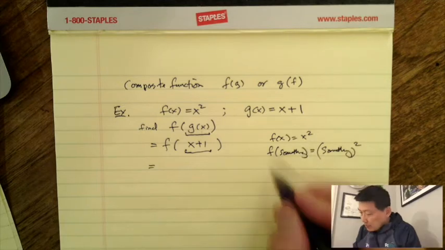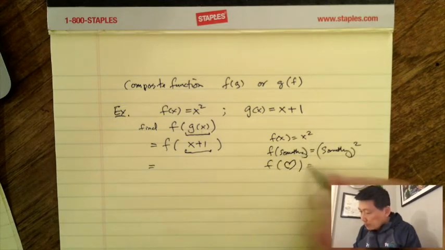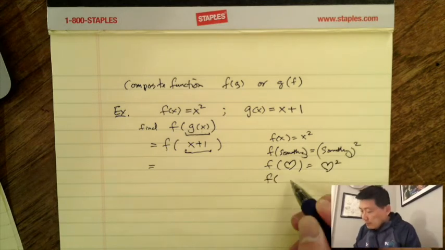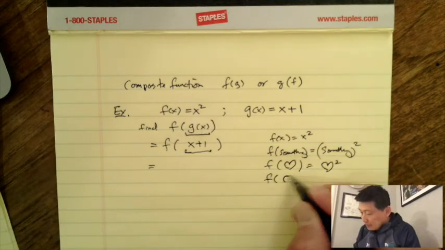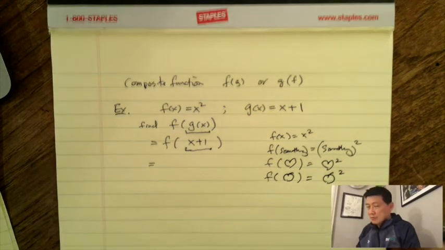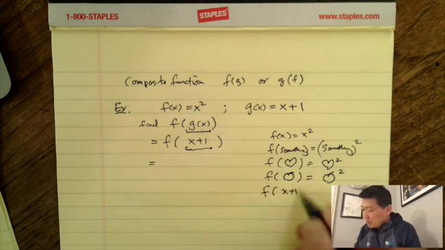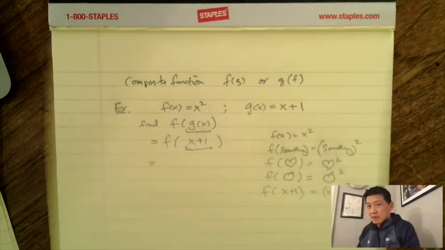So one could say f of a heart is equal to heart squared, f of apple is equal to apple squared. What am I saying that for? That means if f of x plus 1, then it's x plus 1 squared.